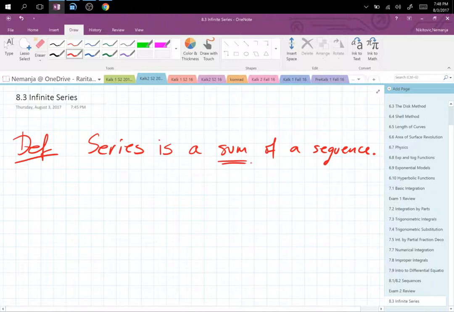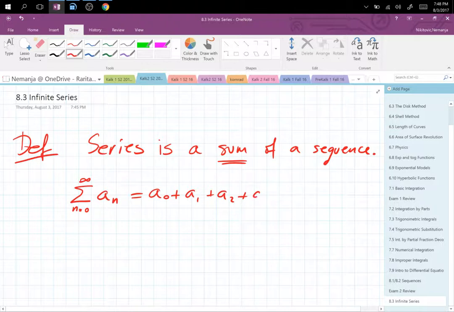The notation for it is the summation of a_n, where n can start, let's say, at 0 and go to infinity. That's the notation. And what it means is a0 plus a1 plus a2 plus a3 plus a4 plus ... going on forever.